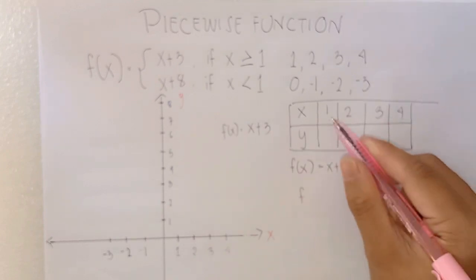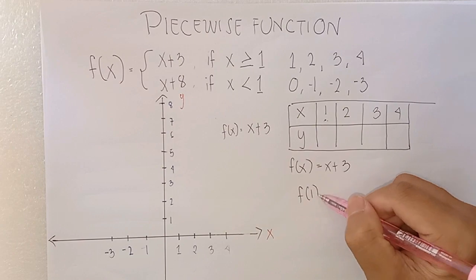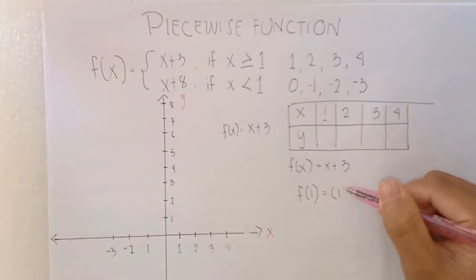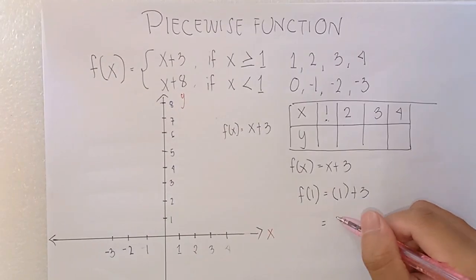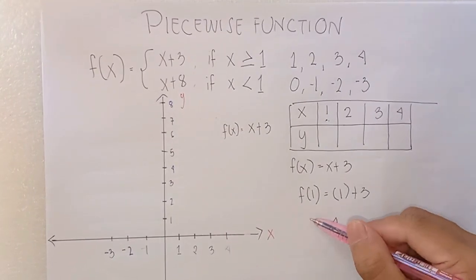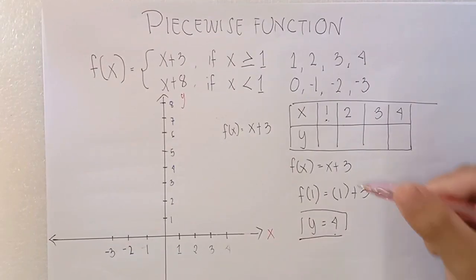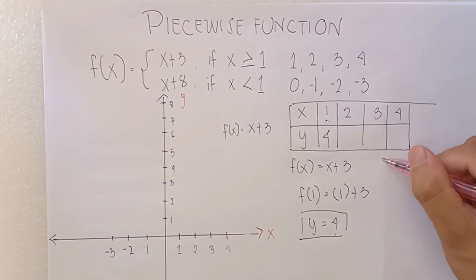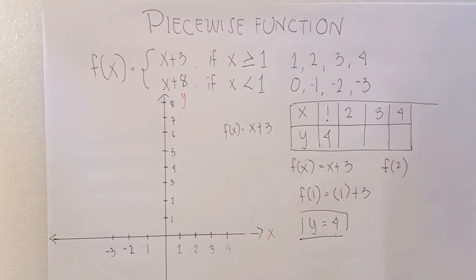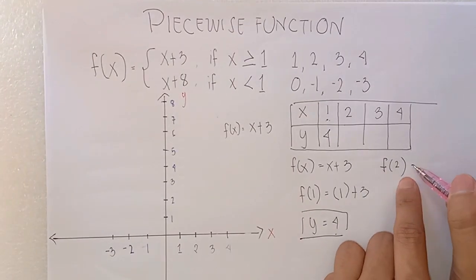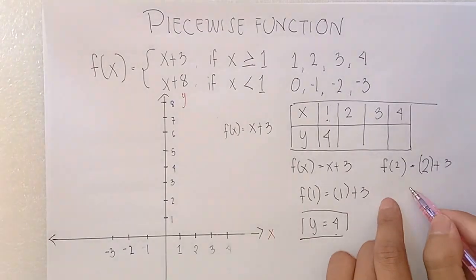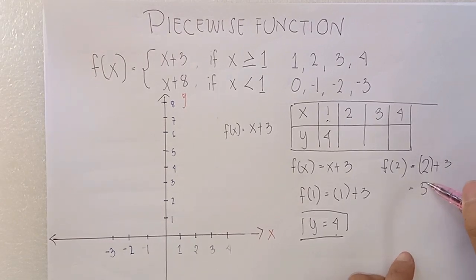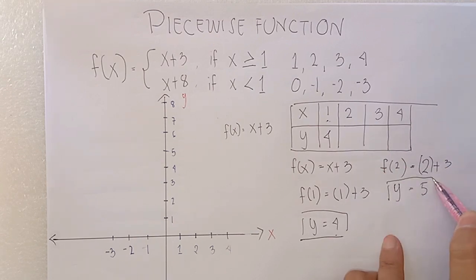So let's substitute. f of x equals x plus 3. So f of 1, the first x, is 1 plus 3, which is 4. So let's write the 4, which is the value of y. And f of 2 is equal to 2 plus 3, which is 5. So the value of y for 2 is 5.